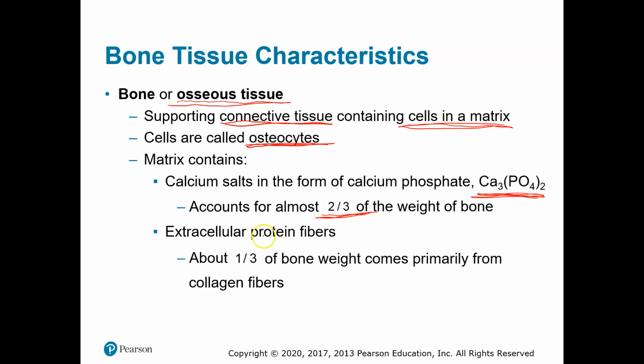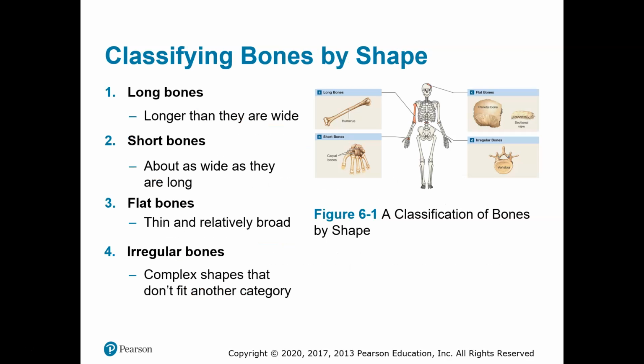But within the calcium salts, there are also protein fibers, and primarily it is collagen. About 1/3 of bone weight comes from collagen fibers. So 2/3 comes from calcium phosphate, 1/3 from collagen fibers. I know those questions are in your quiz.